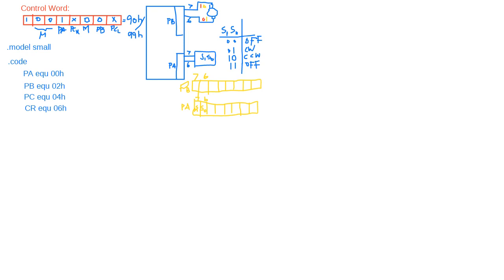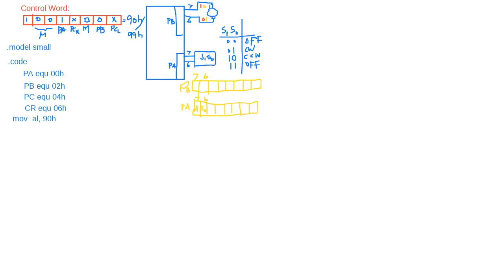Then OUT CR. So the control register address is 06H. We can write directly 06H comma AL, or we can write the variable we defined, CR.